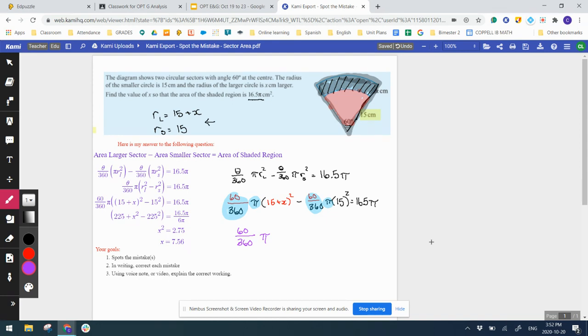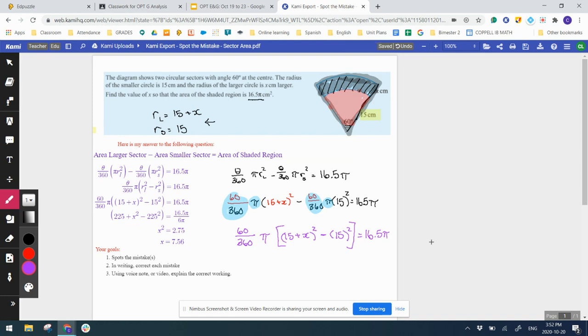That's going to leave me with 15 plus x squared, and of course the minus from the middle, with 15 squared. So again, all I did was factor out those common things so that I can make this a little simpler on my life. And this still equals 16.5.